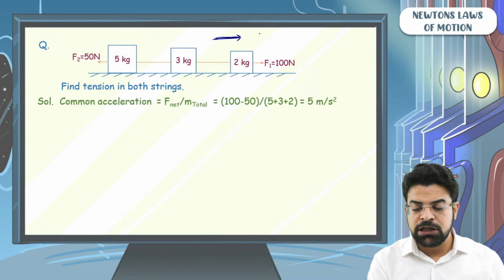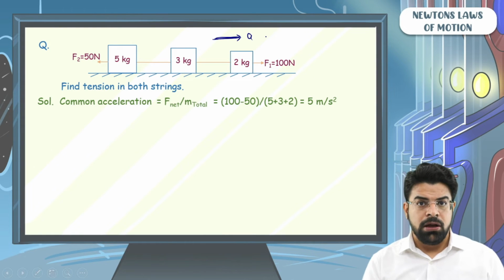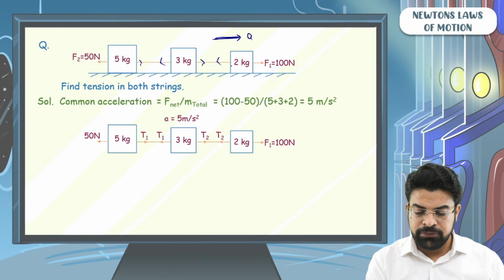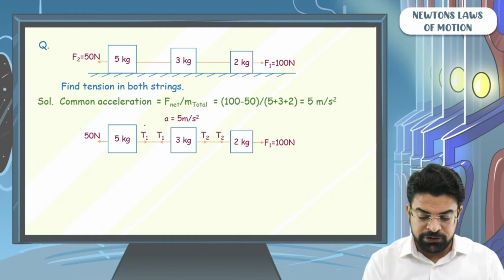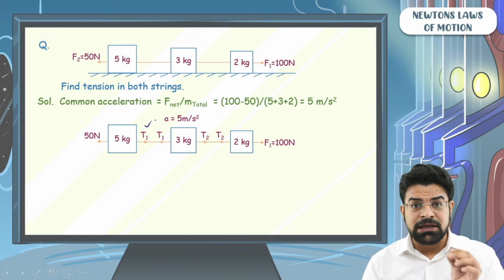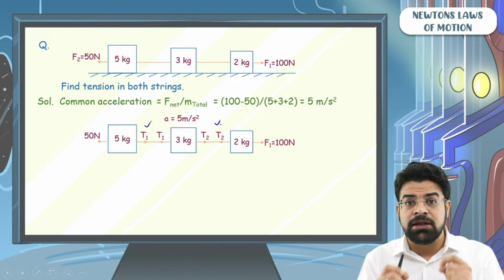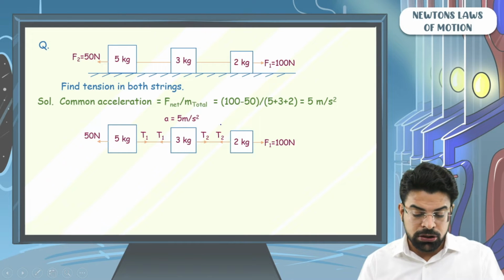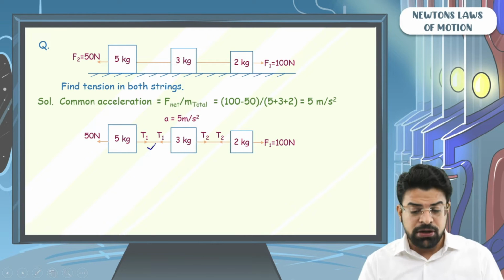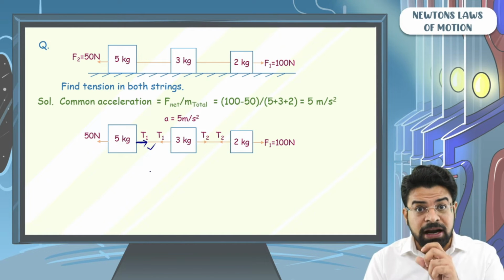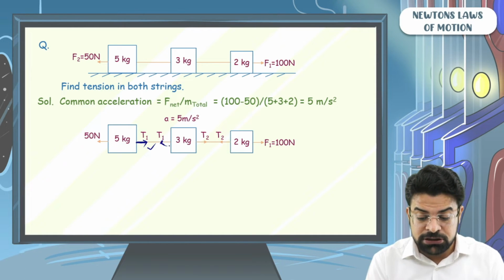Once you know the common acceleration, we need to find the tension in both the strings. Let's say the tension in the string on the left is T1 and the tension in the string on the right is T2. The force of tension is along the length of the string and is pulling in nature. So the first string, on the left, will try to pull the 5 kg block towards itself, as well as the 3 kg block towards itself.